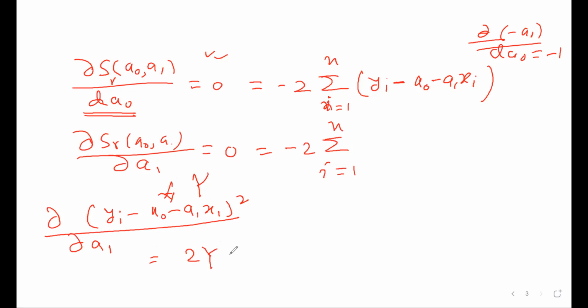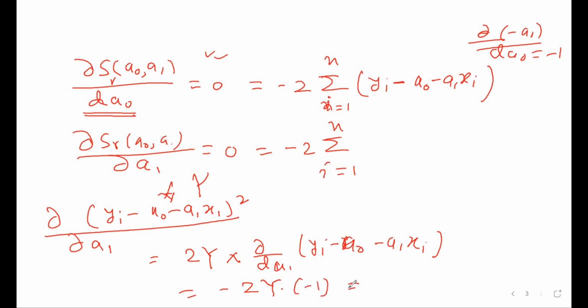Then you have to multiply it with d by dA1 of (yi minus A0 minus A1 into xi), isn't it? And that is equal to what? Minus 2y into -1 is plus 2y into -1, equal to -2 into y. That y is the sum function. This is your y. Is that okay? Yes, sir.